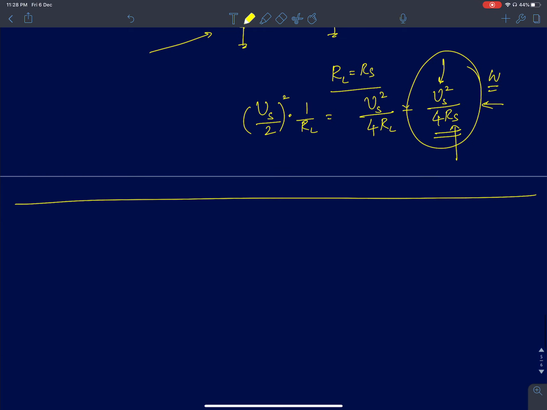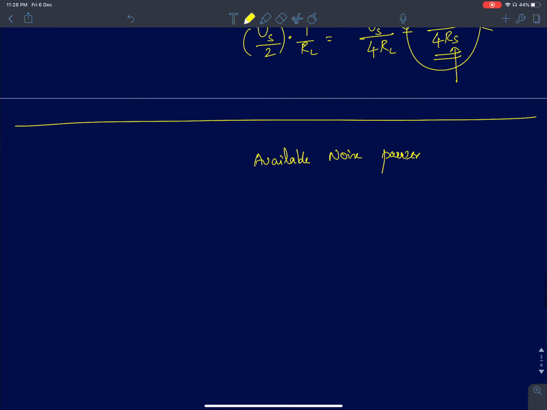In a similar fashion, we will also discuss a term called available noise power. Now, what is available noise power? Say we have a source resistance of a value Rs. Now we know that we can model noise as a voltage source in series with the source resistance, say Vn. Now we know Vn square, the spectral density of the noise, is given by 4 kT Rs.